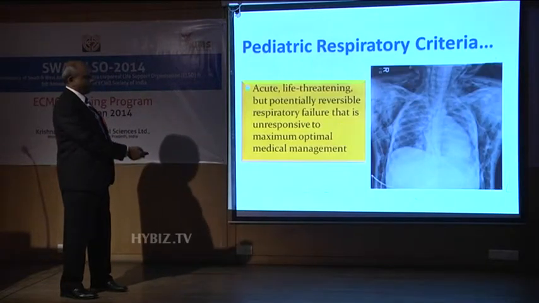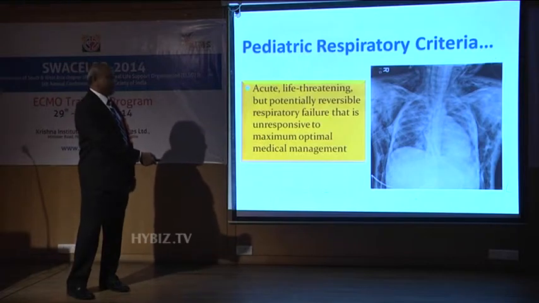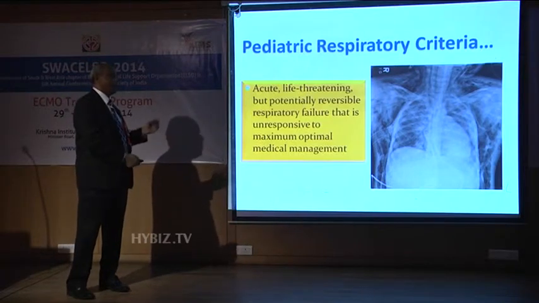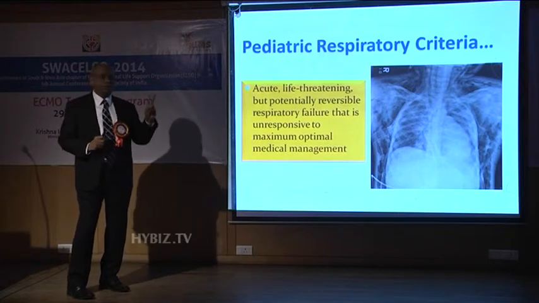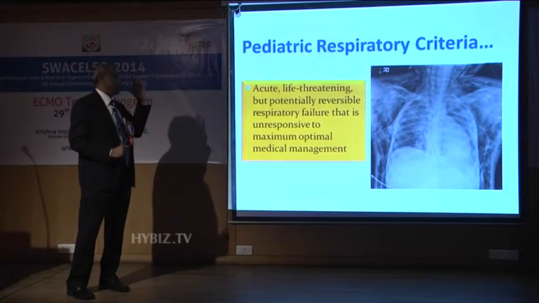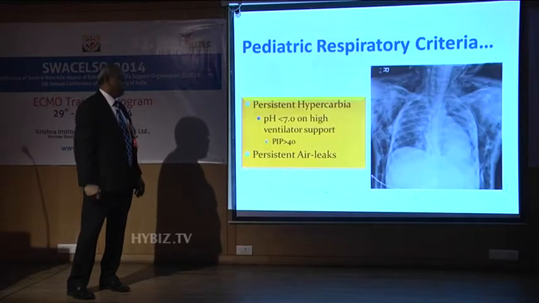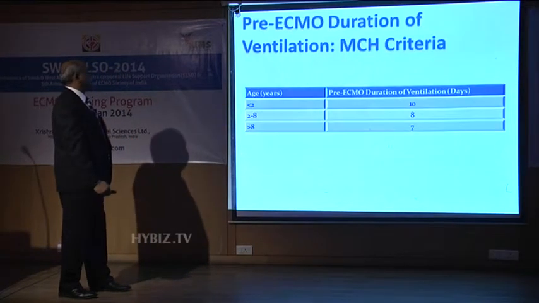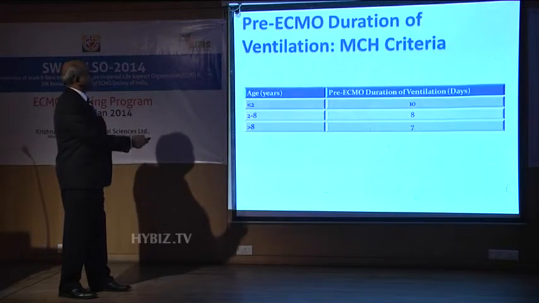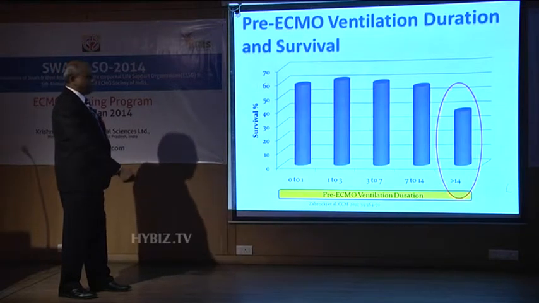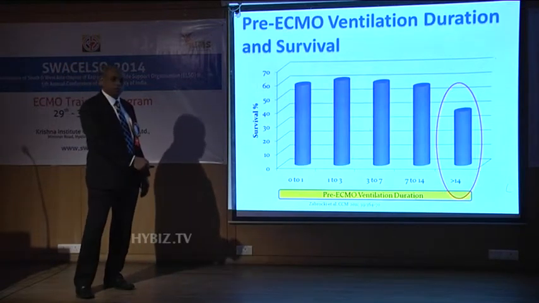This kid was actually an H1N1 patient in 2009. He came for ECMO after 1 week from a peripheral hospital. We went almost on ECMO twice, and ultimately this kid came out, stayed in the ICU for a long time, but came out without ECMO, normal. So these are other criteria on top of it. Pre-ECMO duration nowadays up to 14 days seems to be okay.